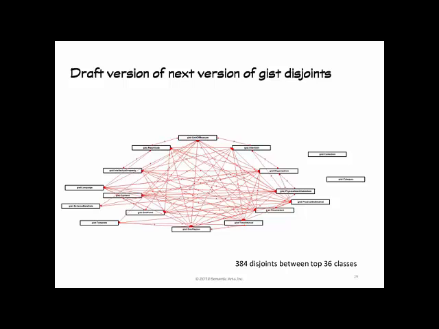I realized it was a little bit hard to read, but in this circle, I put some really primitive classes that are mostly mutually disjoint with each other. That's why there's such a web of lines here. But there's a few, and I put them near each other in the clock here, like time instant and time interval, or georegion or geopoint, where you can make a pretty good argument to not make them disjoint from each other. You can see the little bits of white space there.